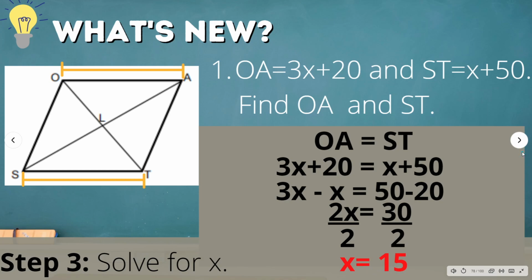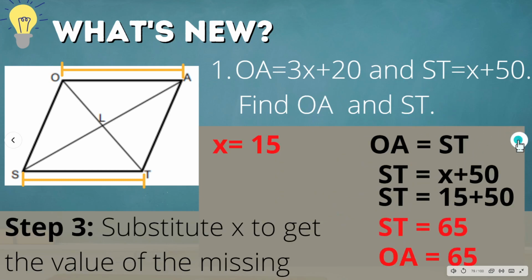But we are not to find the value of x. We are to find the value of OA and ST. How? Let's use the value of x, which is equal to 15. So we have step 3, substitute x into the given to find the value of the missing part. We have OA equals ST. We can use either ST or OA first, but in this video, I will use ST. So ST equals x plus 50.